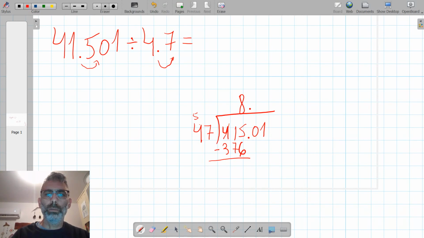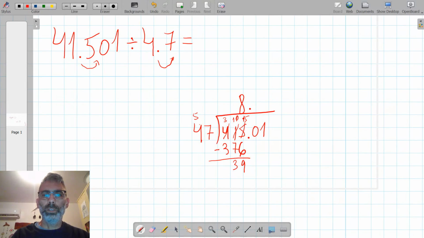Okay, so 4 becomes 3, 1 becomes 11. No, 11 becomes 10, and 5 becomes 15. 15 minus 6 is 9, 10 minus 7 is 3.